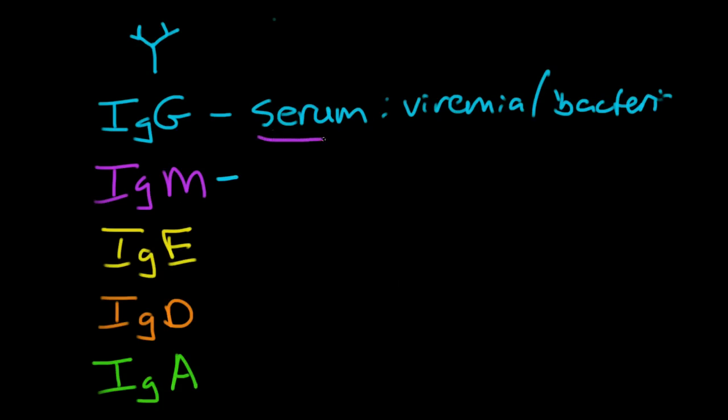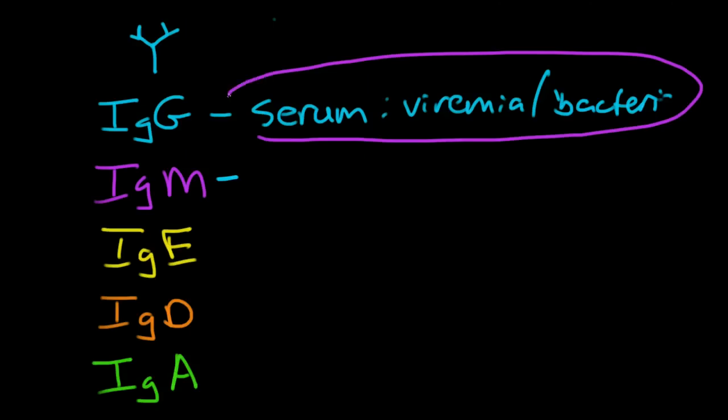So IgG is sort of a collection of immunoglobulins that we have been exposed to before. So it's created by plasma cells that are in the lymph nodes that have differentiated from B cells that have seen infections before. IgM is produced randomly from B cells that have never been exposed to infection before.